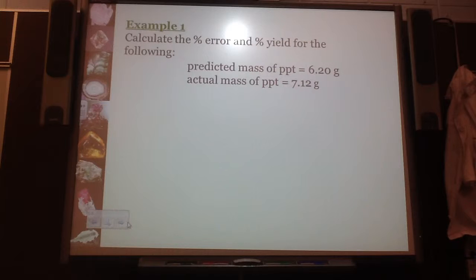So percent error is 7.12 minus 6.20 divided by 6.20 times 100. That's 14.8%.